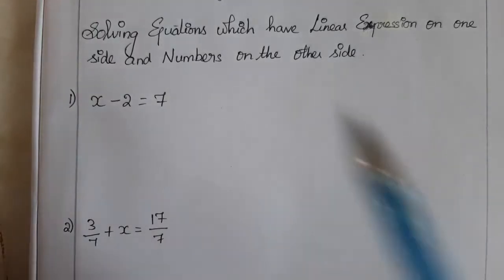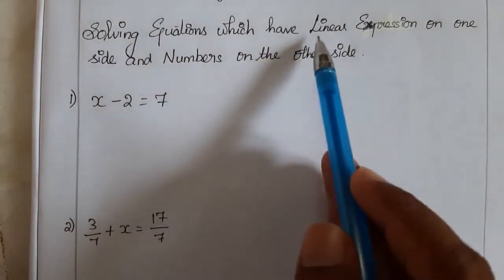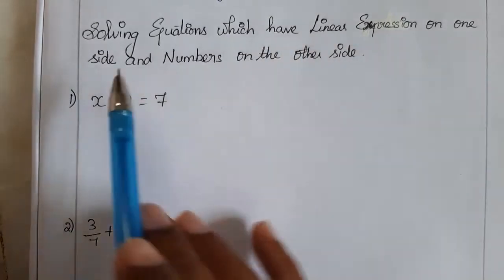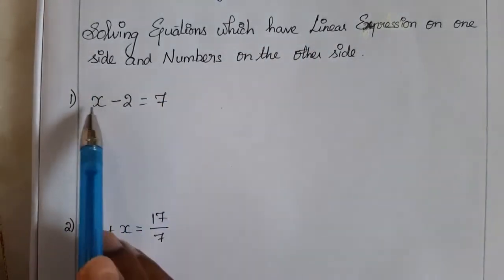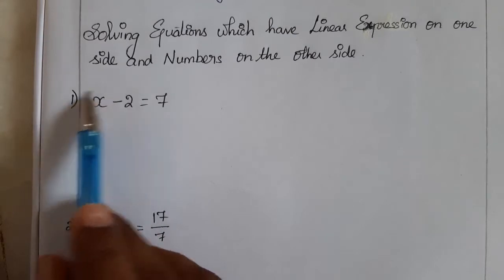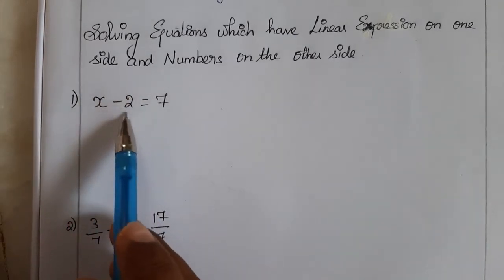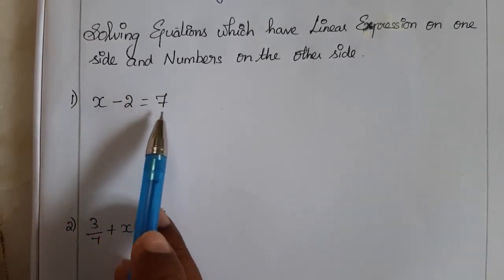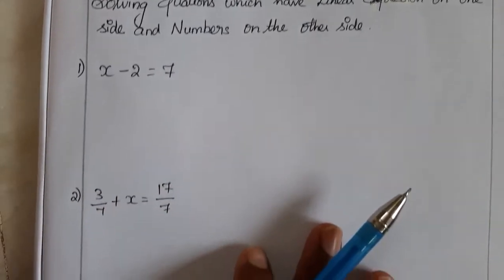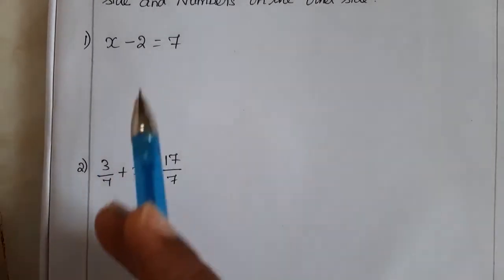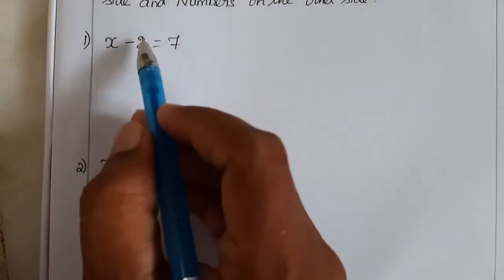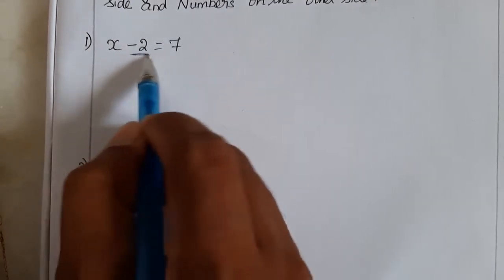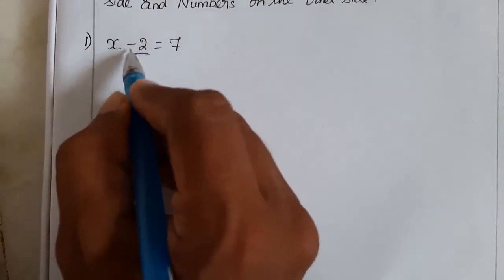So here we go for the problem: solving an equation which has a linear expression on one side and a number on the other side. You can see in this example, the linear expression is on one side of the equation and the number is on the other side. We already know we can solve this just by using the transformation method. Transform the 2 along with its sign, subtraction.